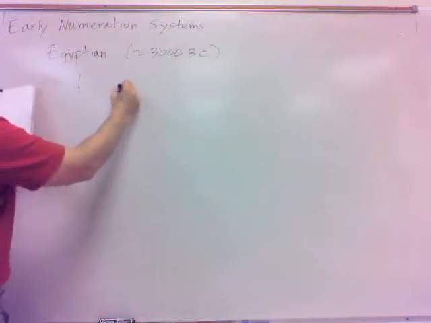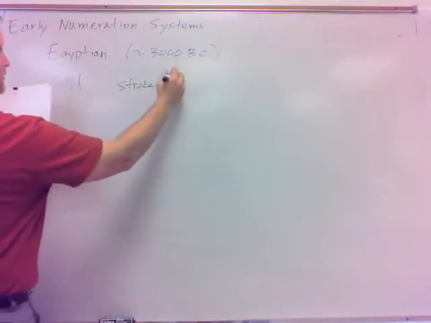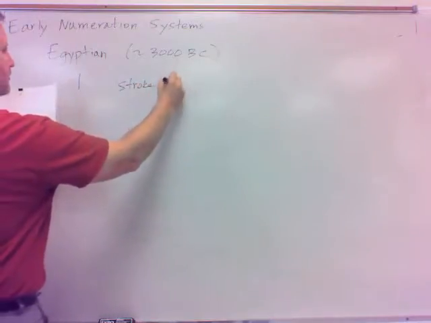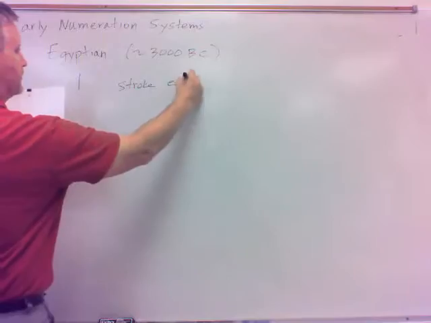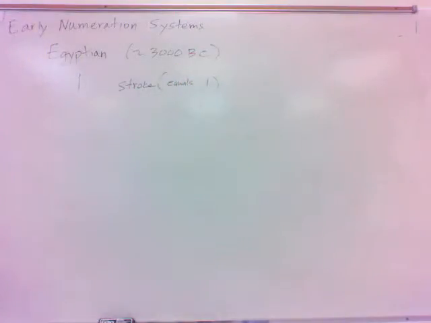They call it a stroke mark. It equals our one. Okay, so that's good news. Their one looked like our one, pretty much. However, their symbols did not include a symbol for 2 or 3. If they wanted to do 2 or 3, they would just do 2 stroke marks or 3 stroke marks, or 5 would even be just 5 stroke marks.